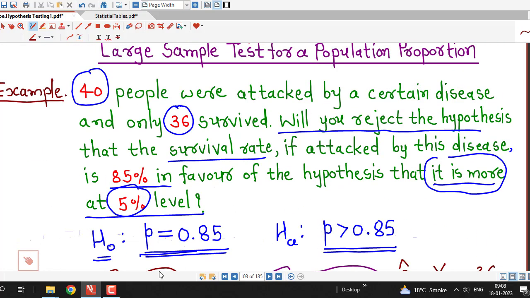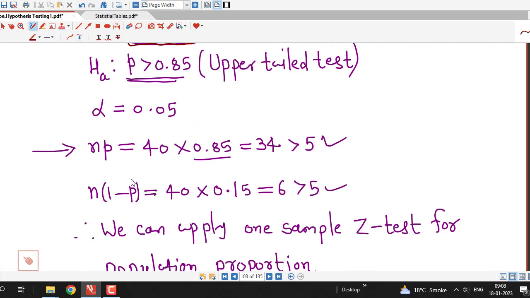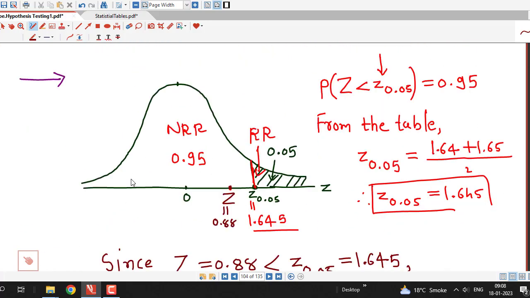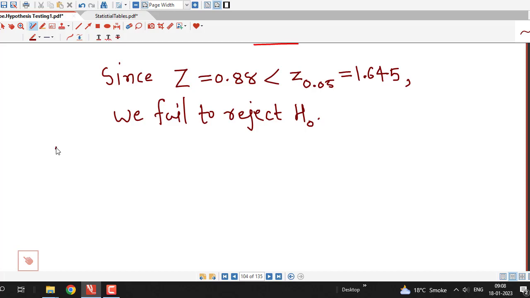The null hypothesis is that the population proportion is 0.85, that is the survival rate is 85%. We cannot reject this claim. So the final conclusion can be written as there is no evidence to reject that the population proportion or survival rate is 85%. This is our conclusion.